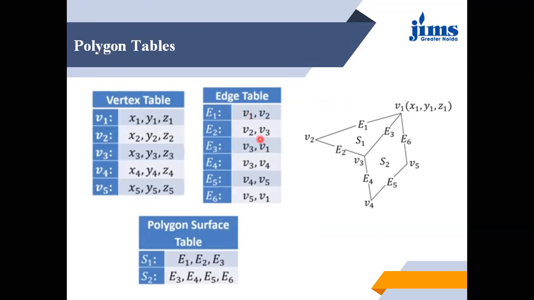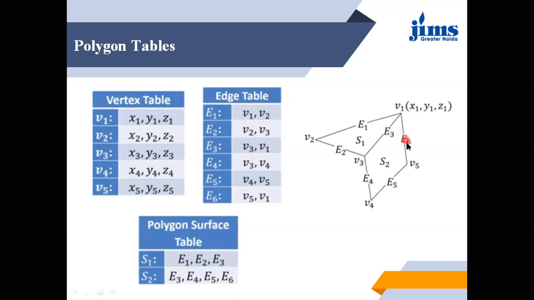This is V1, this is again V1, this is again V1, this is V2 over here, this is V2 over here. So there is a lot of repetition of the vertices when we make an edge table for a polygon, and V1 is coming three times because this vertex has three edges.